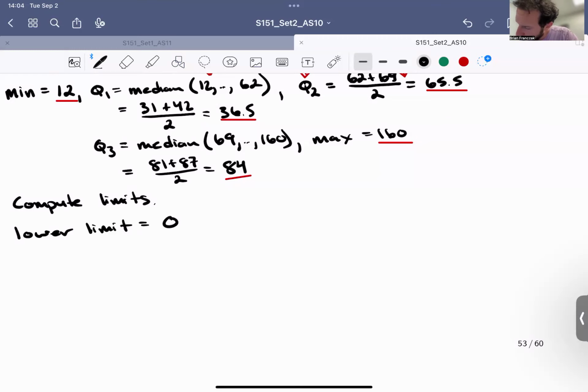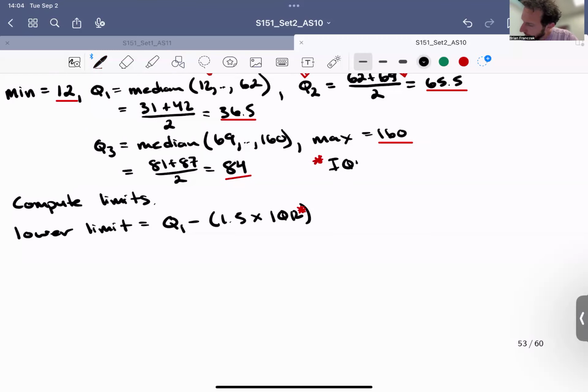The lower limit is Q1 minus 1.5 times the IQR. Okay. So we need to compute the IQR. We already have Q1. All right. So I'll just put a star here, and then I'll do this calculation up here.